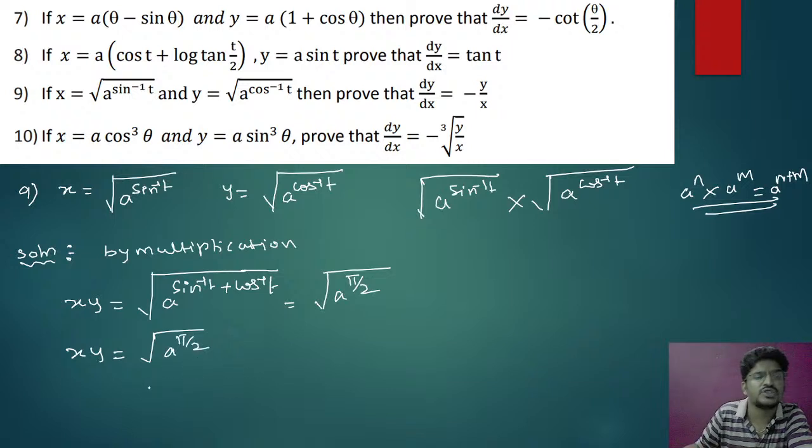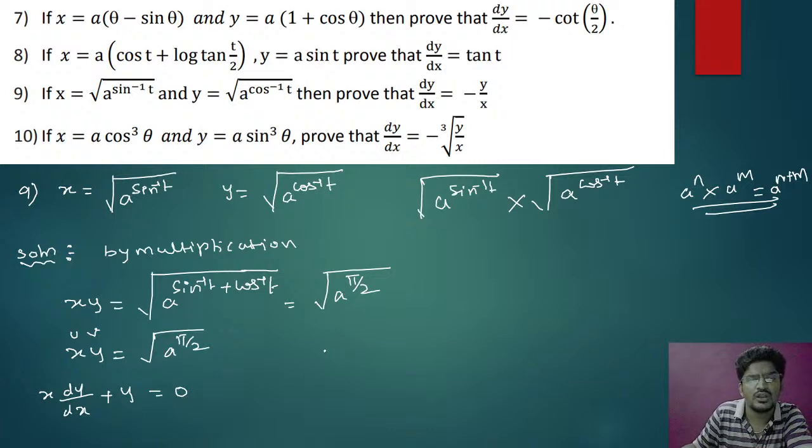Now you can differentiate it by using u into v rule, product rule. Apply product rule, x into dy by dx, no problem, plus y into differentiation of x is 1. Here constant term, it will be equal to 0.